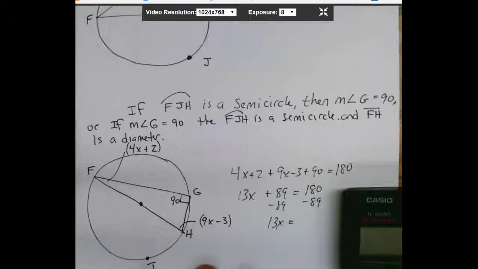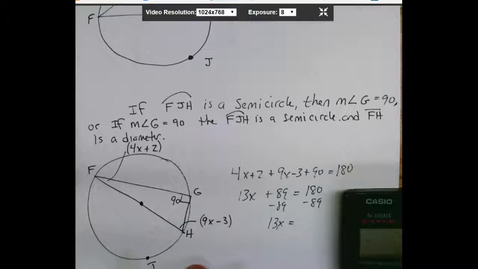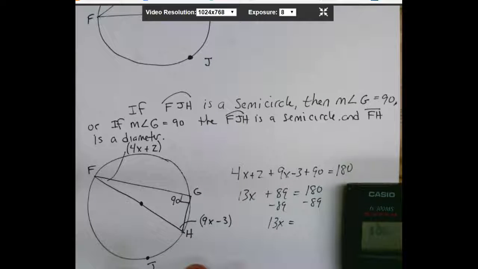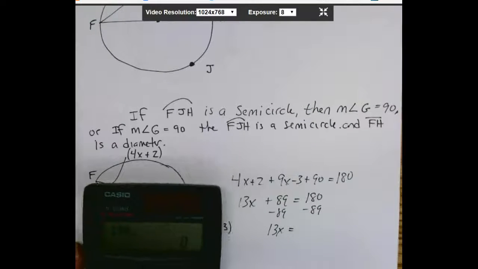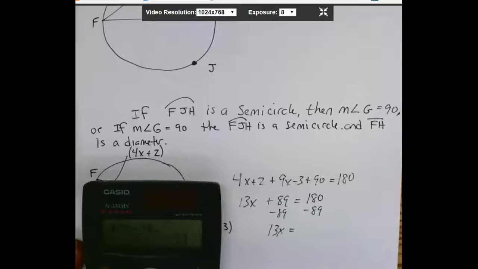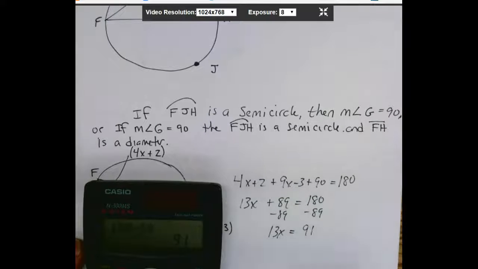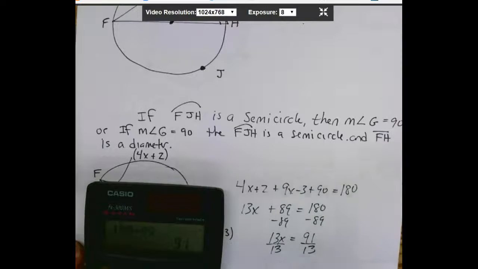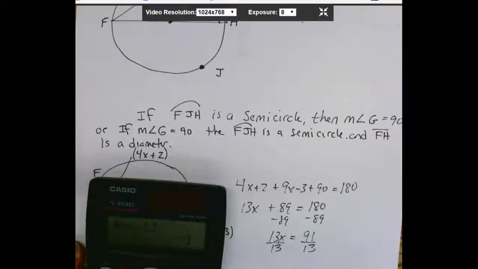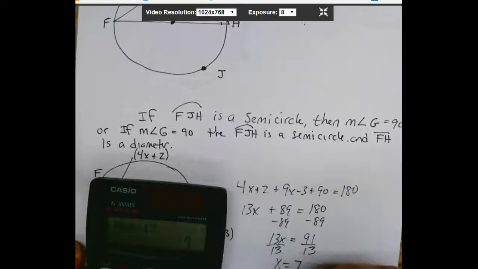I wish I could do this in my head, but I can't anymore as well as I used to. So 180 minus 89 gives us 91. Then divide by 13 gives us 7. So x is 7.